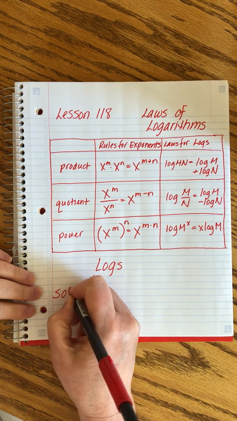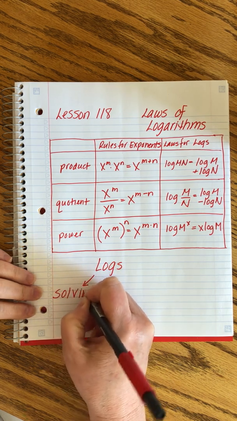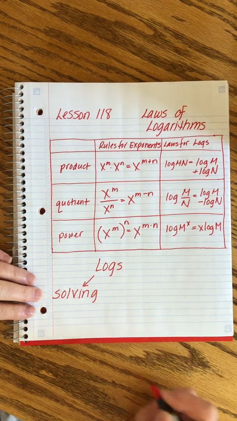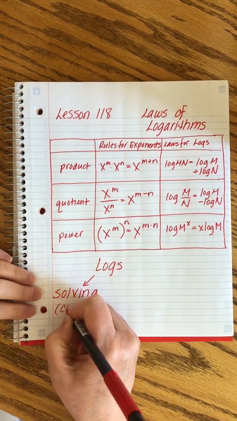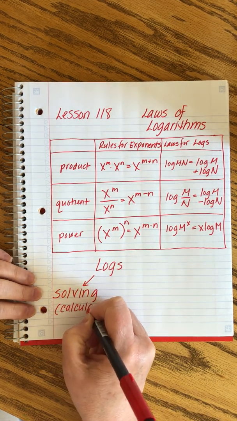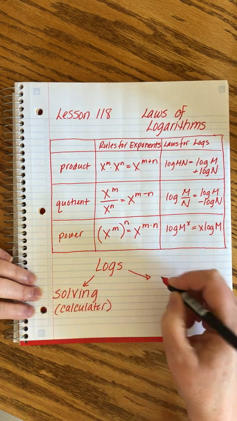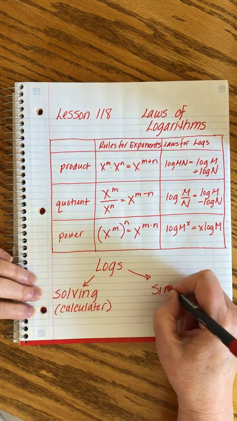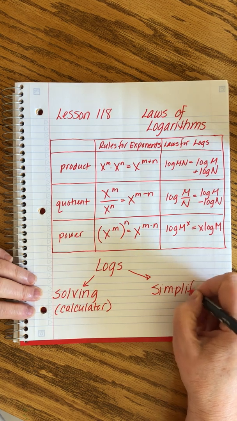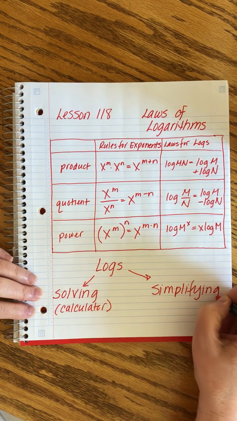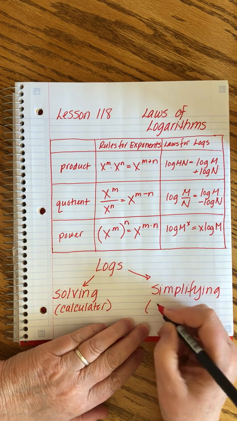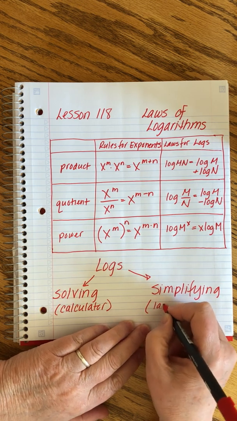Some problems are more focused on solving. That's what we have been doing. Those require the use of a calculator. Some log problems are more focused on simplifying. And in these, we don't tend to use a calculator, we use the laws of logs.